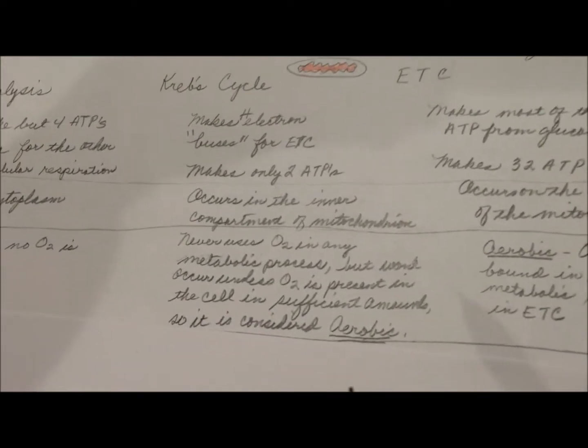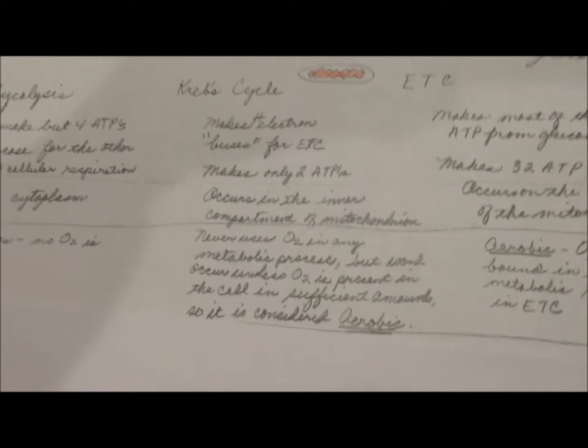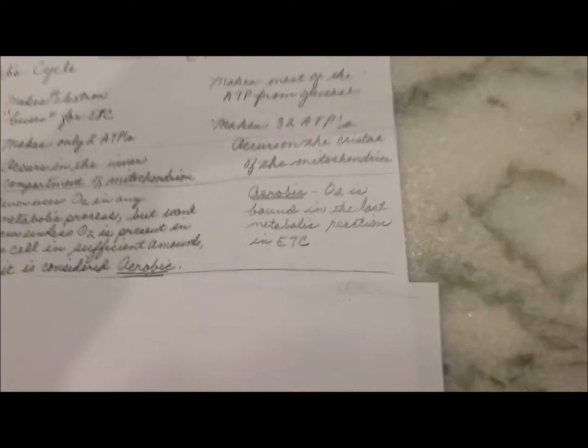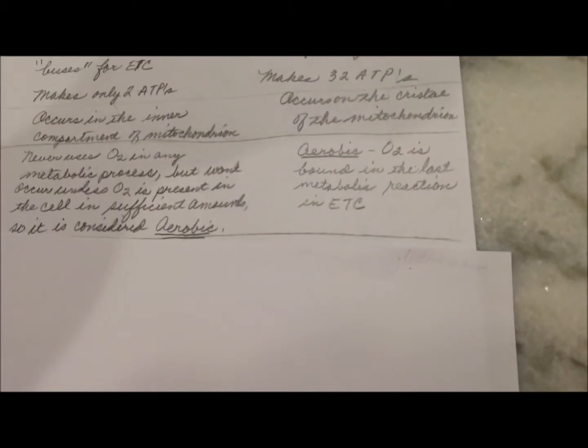So because it won't occur without oxygen, it's called aerobic. It requires oxygen. Now, ETC is the phase of the 3 that actually has a chemical reaction using oxygen. And it's the last chemical reaction in the chain.